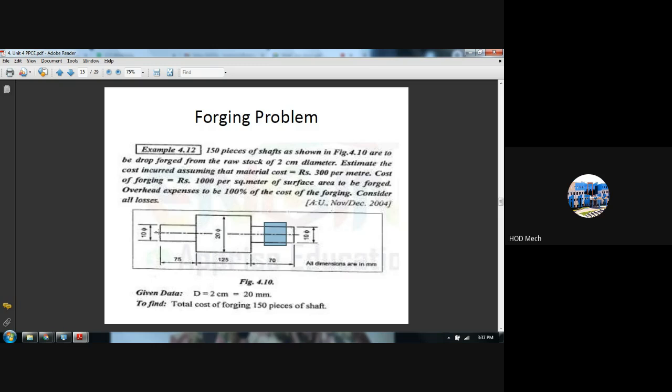Both are 10 mm diameter. All dimensions are in mm. The difference is the length: section A is 75, section C is 70. And the center portion is diameter 20 mm with a length of 125 mm.